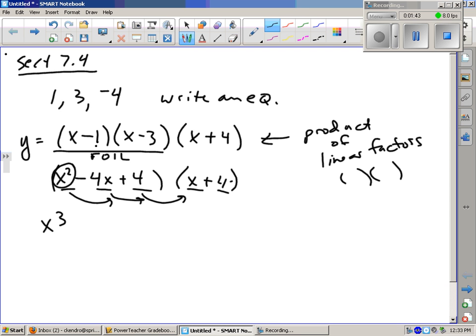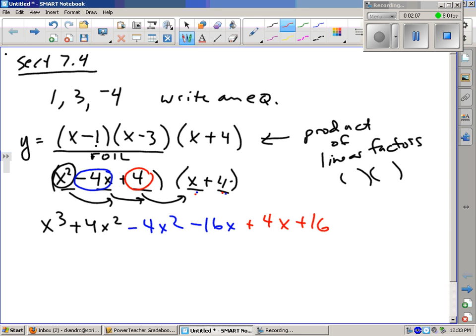X squared times 4 is 4x squared. Now we're going to do the negative 4x times the x is negative 4x squared, times the 4 is negative 16x. Then we're going to do the 4. So 4 times x is 4x, and 4 times 4 is 16.